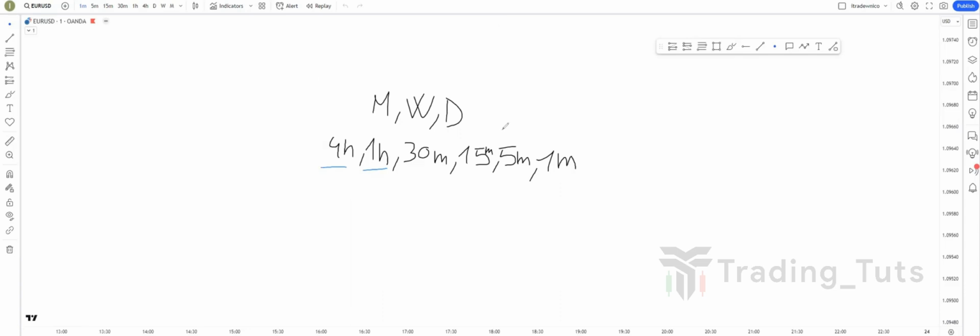How to find the right key level? Make sure it matches the rules, finding a high probable PI. So you want to make sure that it's close to liquidity, unmitigated, and check it from the high time frame. So that's the way we're gonna get our bias. Remember that monthly, weekly, and daily levels are not gonna be used as entries. They're gonna be used to guide us and give us the right bias.